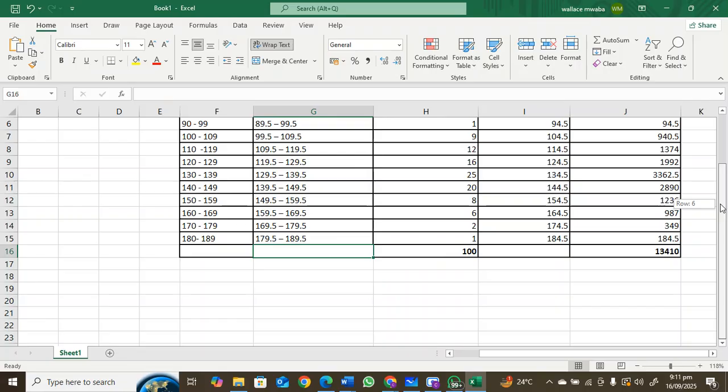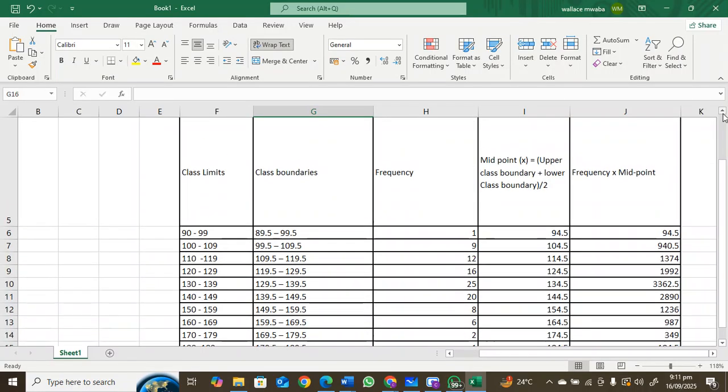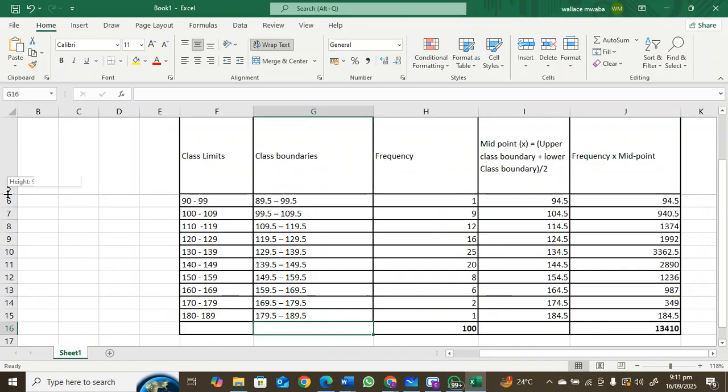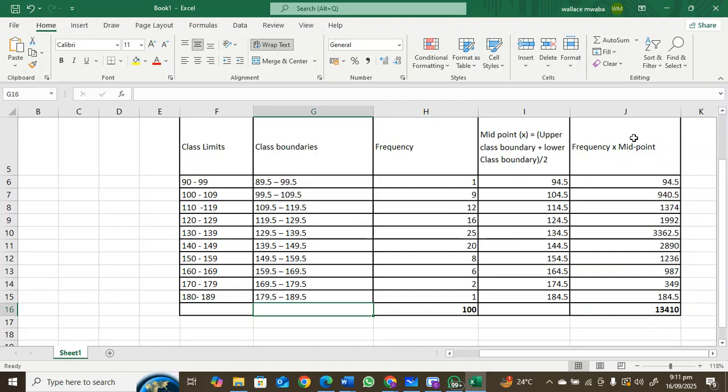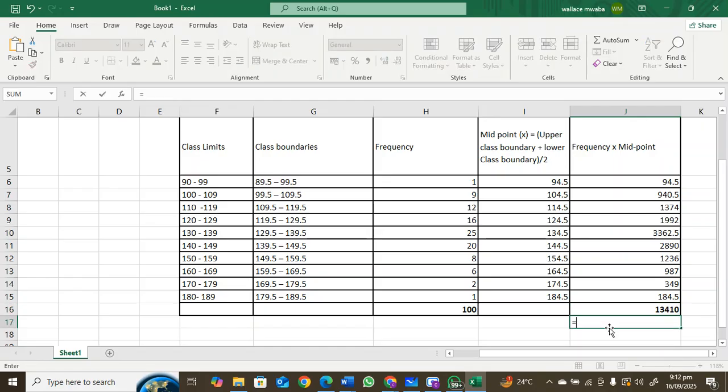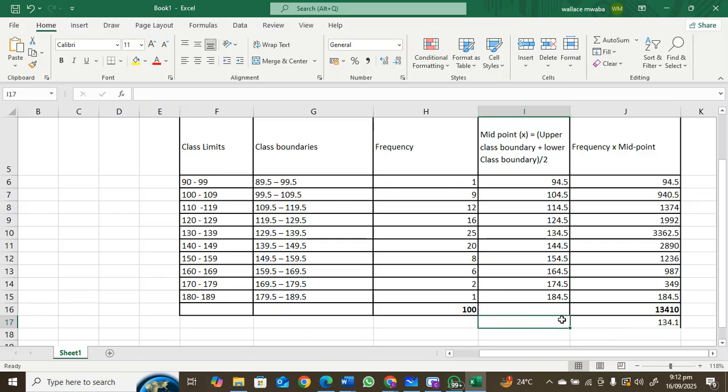So to get our mean, as I said, it's the summation of the frequency times the midpoint, this 13,410, divided by the total frequency. So you say 13,410 divided by 100, and you get a mean of 134.1. That is our mean.